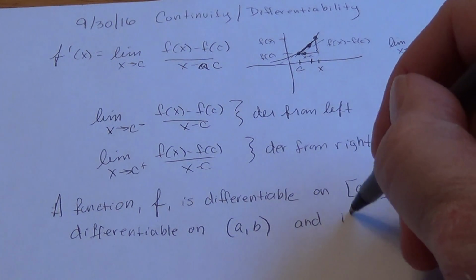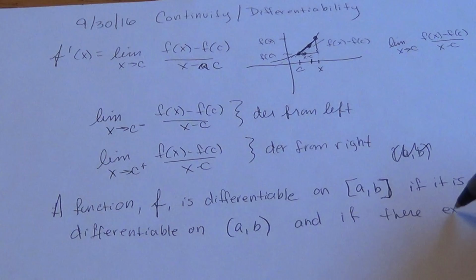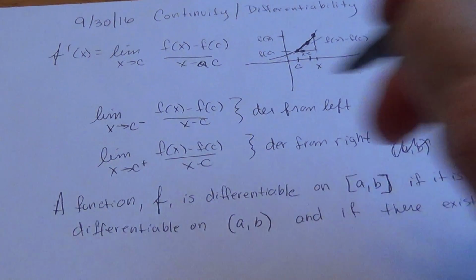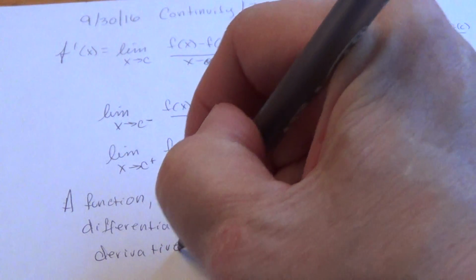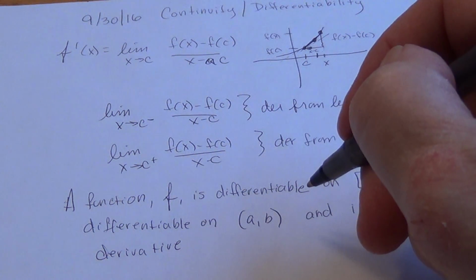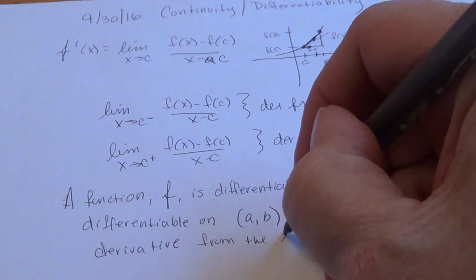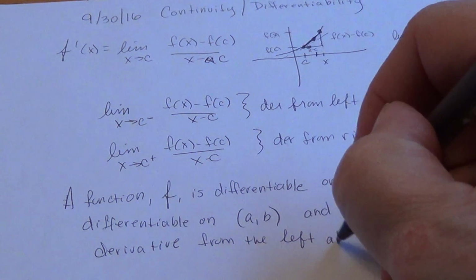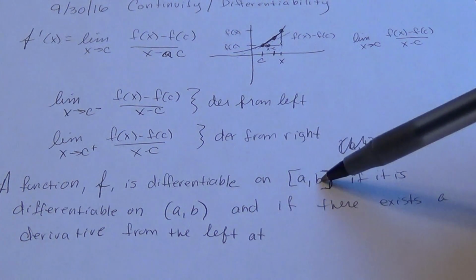And if there exists a derivative from the left, at which point? It's going to be at this point or this point.